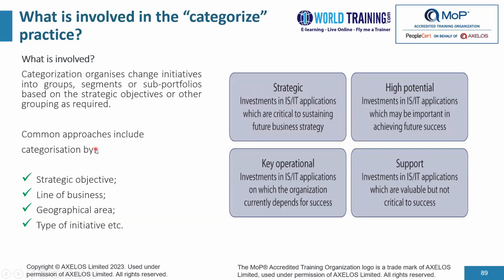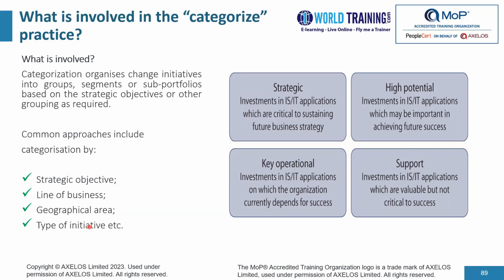Some common approaches to categorizing include you could group projects by strategic objective. You could group them by line of business, for example, IT, marketing, HR are lines of business. By geographical area, APAC projects, North American projects, South American, Middle East, things of those nature would be aspects of geographical categorization. Type of initiative. Is it a capital works initiative?